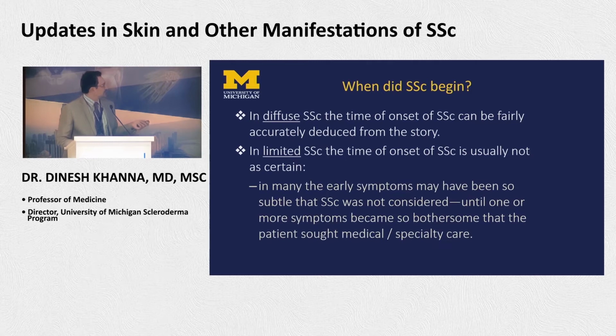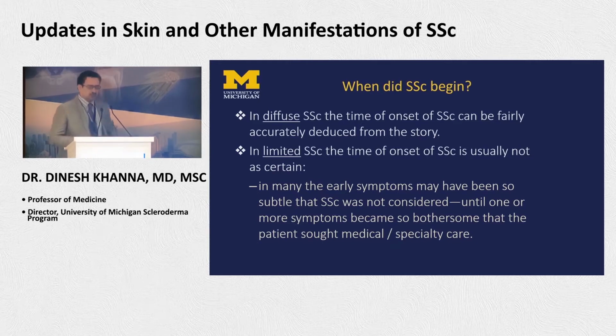So in diffuse scleroderma, the time of onset is very clear. The patient comes and says, I was fine last year when I started developing puffy fingers, joint pain, Raynaud's phenomenon. In limited scleroderma, it is very unclear because the patients have Raynaud's for years, they have a little bit of puffy fingers, they have telangiectasia, they go to a pulmonary hypertension expert, and PAH is diagnosed.